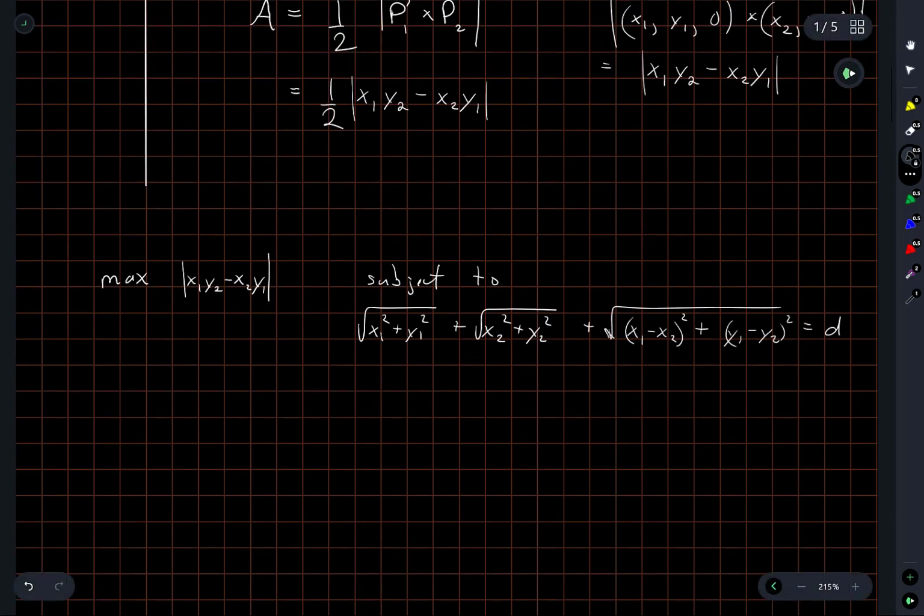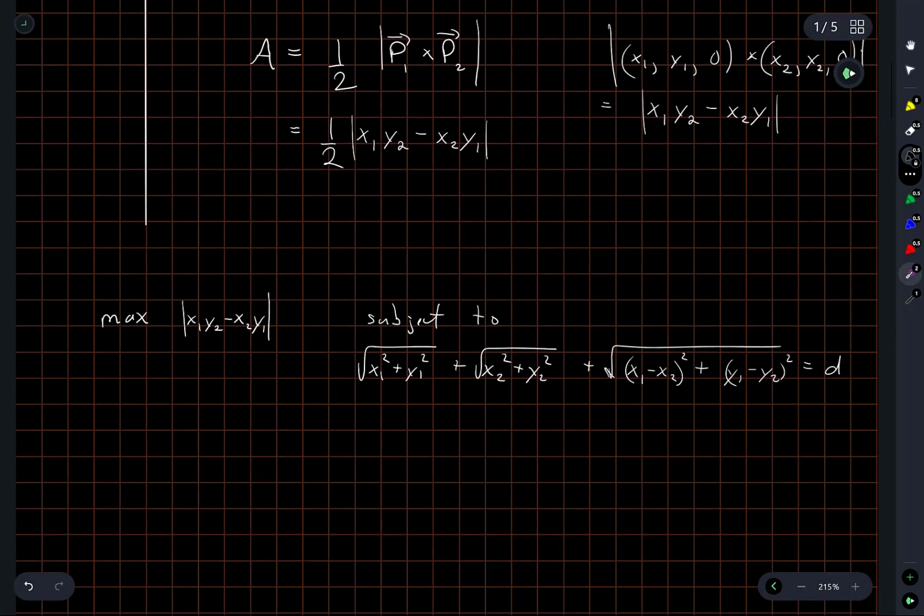So for the same reason that maximizing the area of something is the same as maximizing twice the area, which is why I can get rid of that factor of a half, it's also the same as maximizing the square of the area.